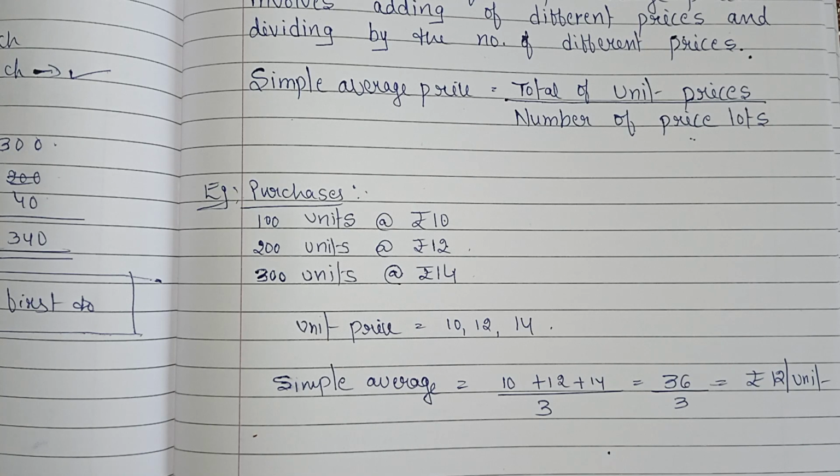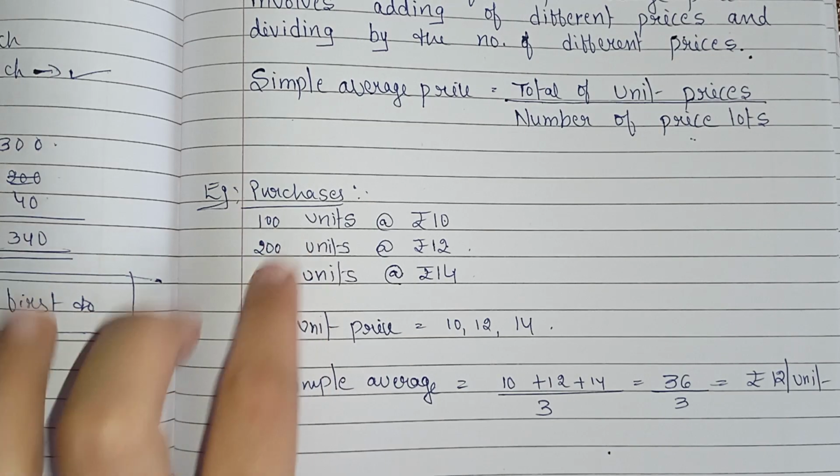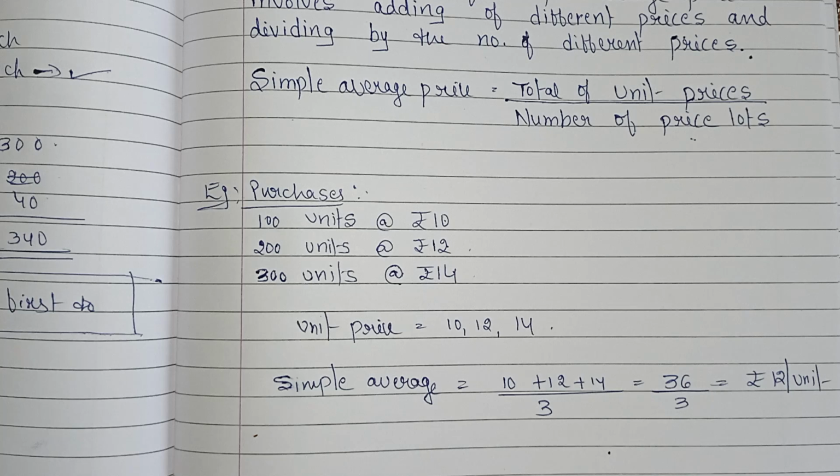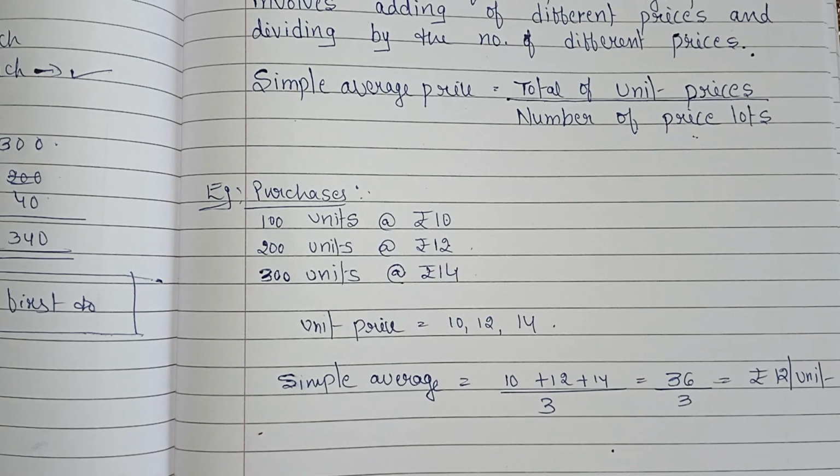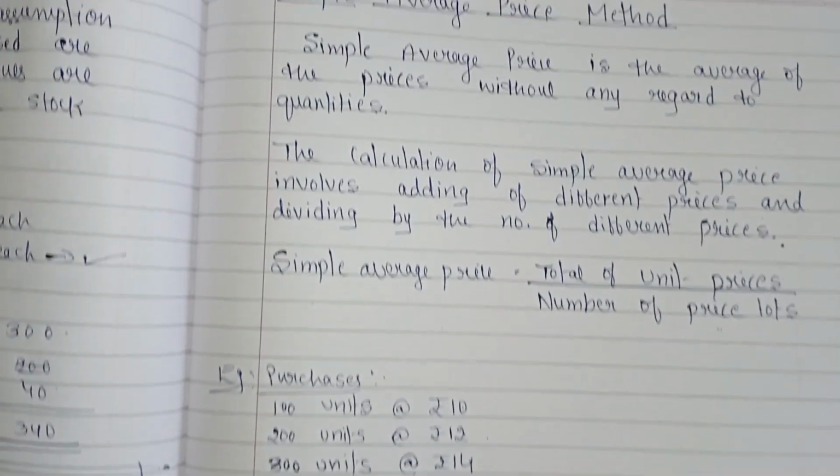Why? Because here we ignore the quantities. We only consider the prices and ignore the quantities. That's why the simple average price method is not as accurate as other methods like weighted average. Clear? So this is about simple average price method.